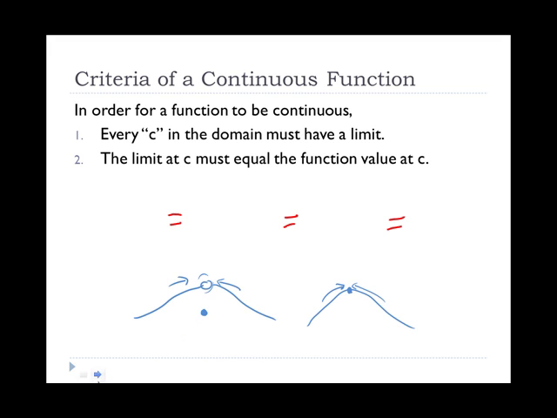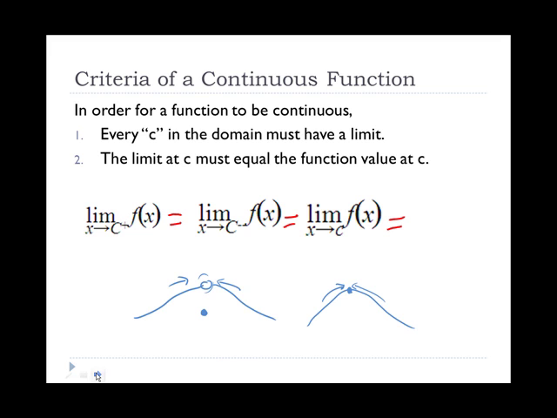So in order for a function to be continuous, and this is important, this is called the continuity test. To test if a function is continuous, the limit from the left has to equal the, and I just said that backwards, so what I have coming up on the screen is the limit from the right has to equal the limit from the left, which means you have a limit and it equals the function.